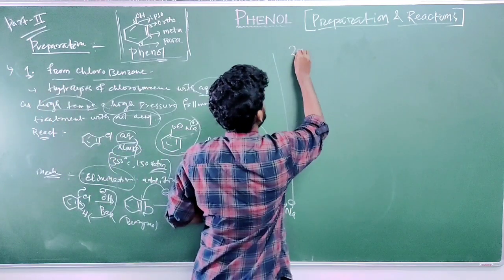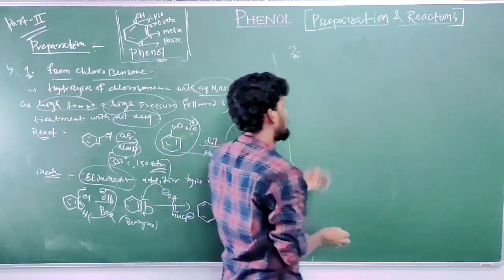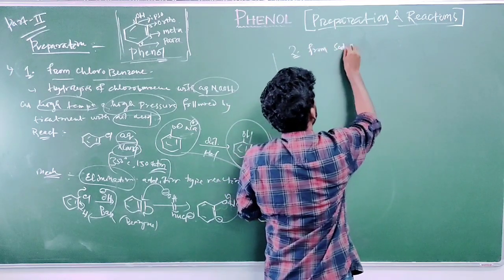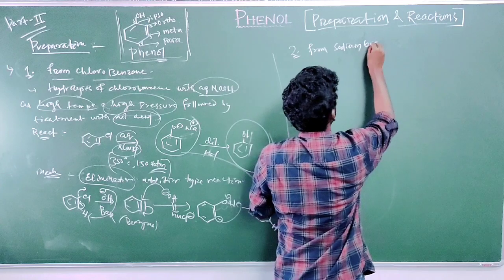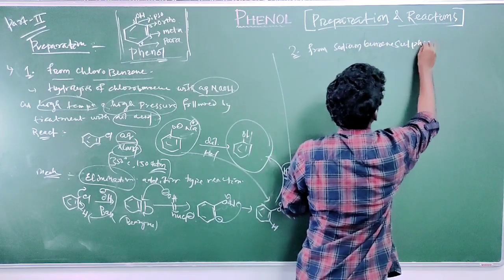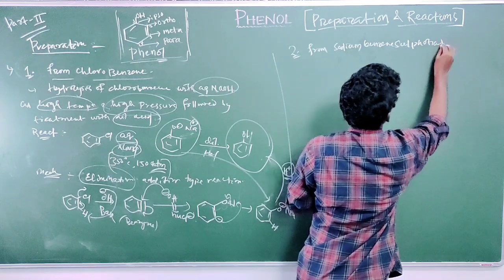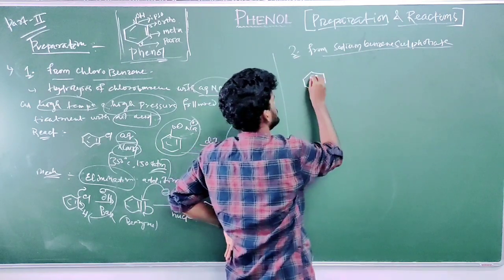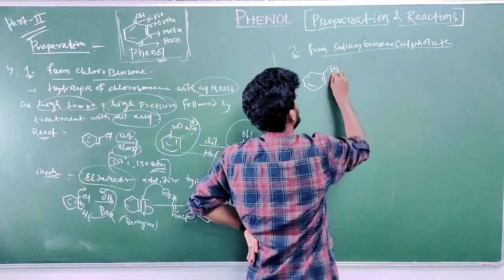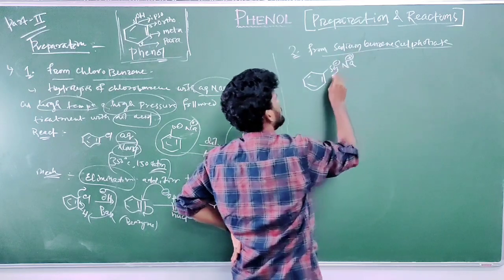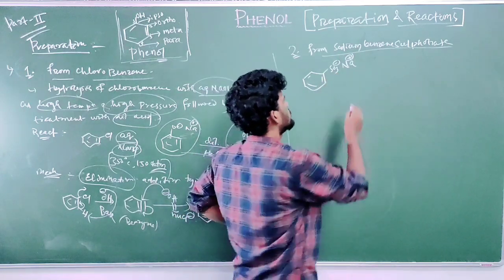Method 2: from sodium benzene sulphonate. The structure is the benzene ring with SO3 minus Na plus.